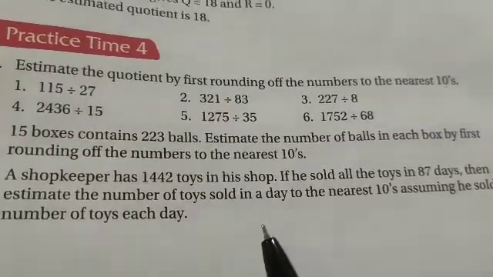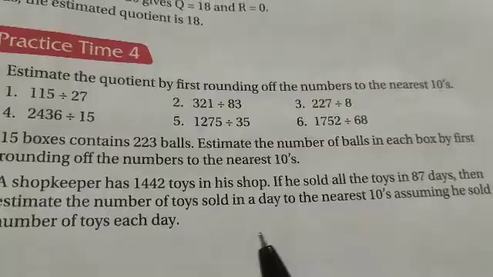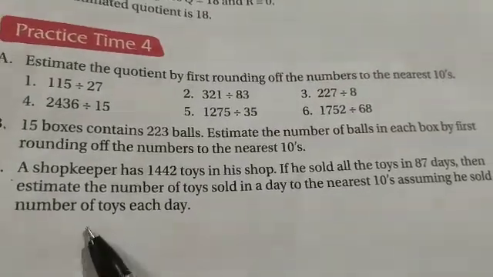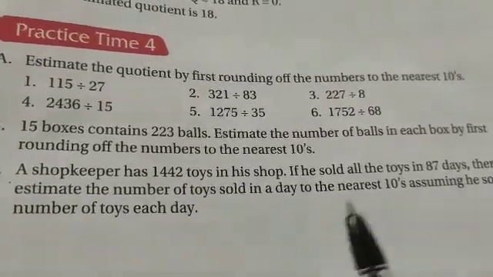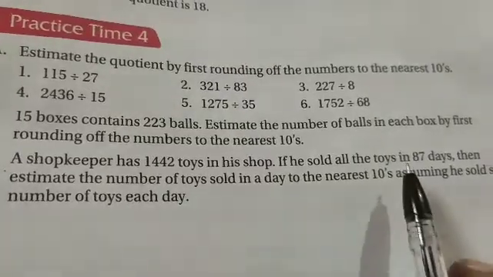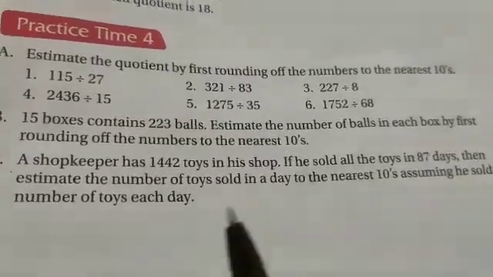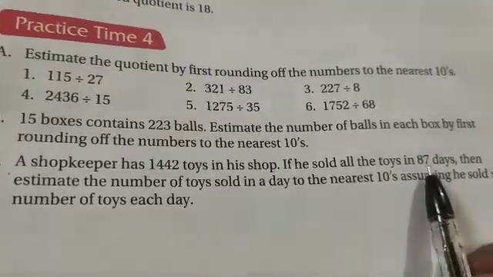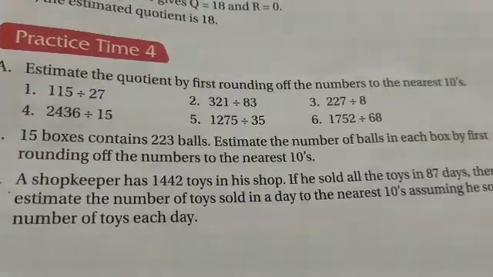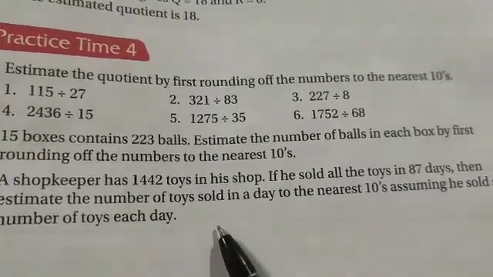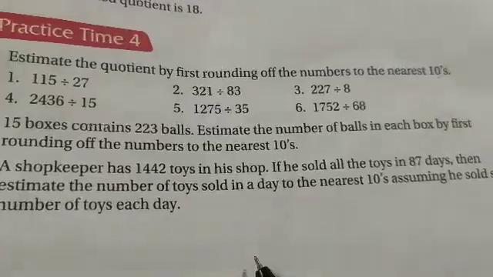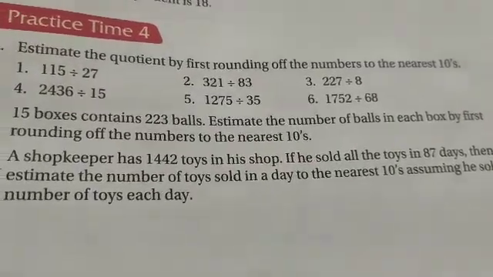Then student, we have to find the toys sold in one day. So we can take a division of these numbers, and afterwards we have to round off both the numbers, and then divide.